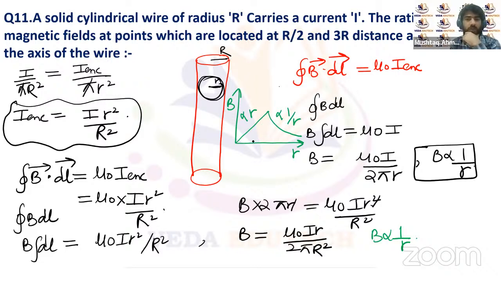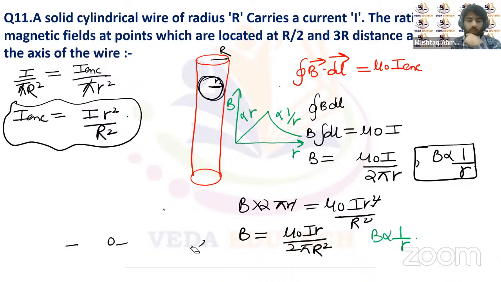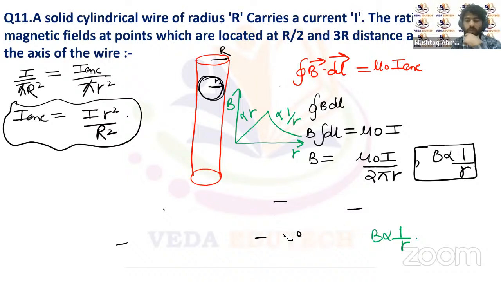So this is the variation of the magnetic field. Now we have to calculate the ratio of magnetic fields at a point located at r by 2, which is inside the cylinder, and at 3r distance away from the axis, right? We'll conclude all these calculations with two equations only, the magnetic field inside the cylinder and the magnetic field outside the cylinder. Now the magnetic field inside the cylinder is mu naught I r upon 2 pi R square, or we can say it is proportional to the distance from the center of this cylindrical wire.